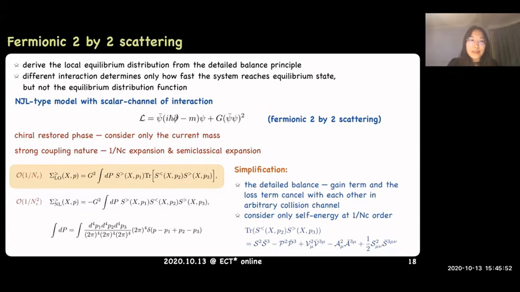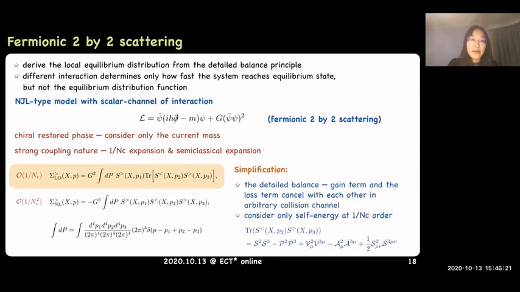Since different interactions determine only how fast the system reaches the equilibrium state, but not the equilibrium distribution function itself, we will take only a very simple NJL type model with scalar channel of interaction. And we take the approximation that we work in the chiral restored phase, and also take the 1/NC expansion and the semi-classical expansion.